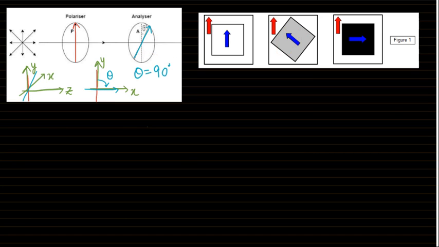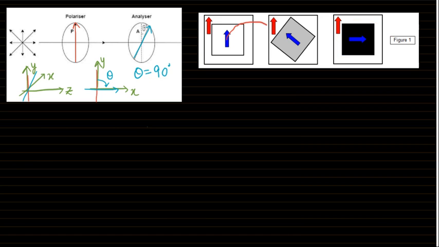Now if you rotate the analyzer by an angle of 90 degree, the axis of polarizer and axis of analyzer are at an angle of 90 degree. In that case, no light is coming out.